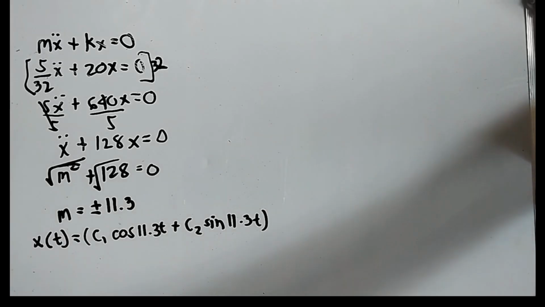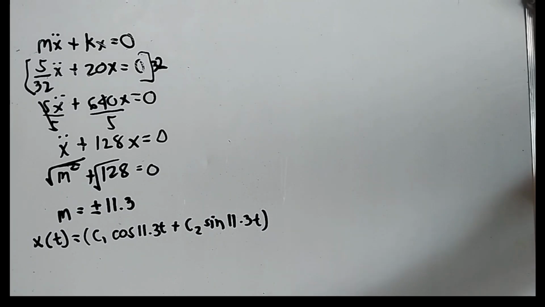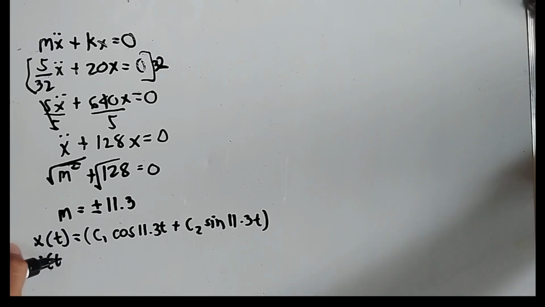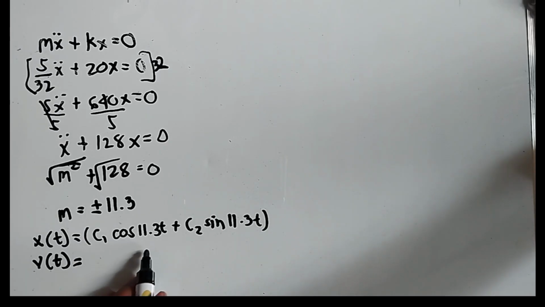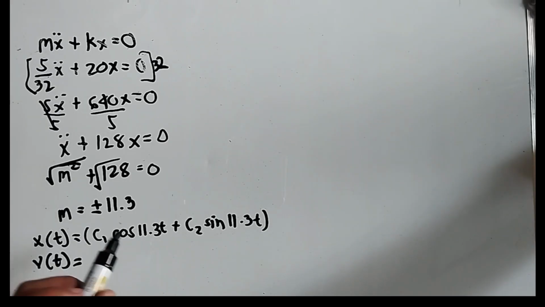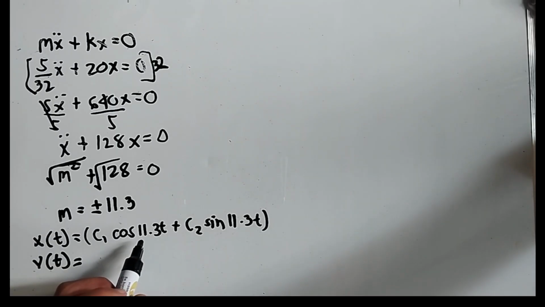Now we're going to find the velocity in order to describe the motion of the spring. So v(t) is equal to, we're just going to differentiate these terms.